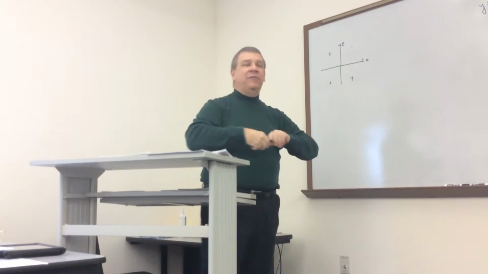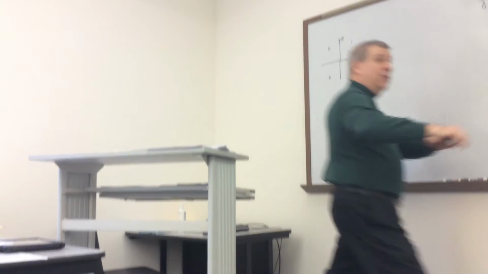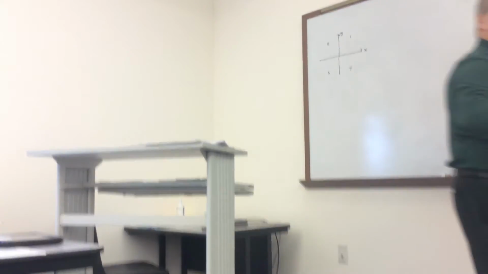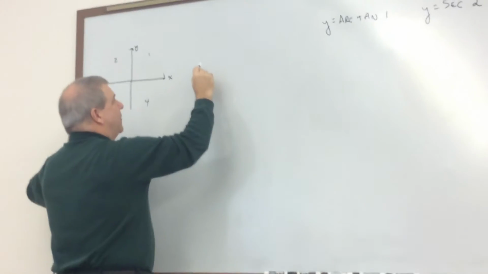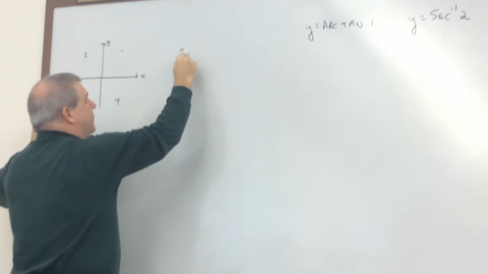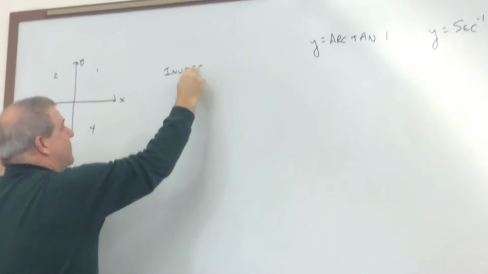Now, you're going to want to mark this in your notebook. Here's the easiest way to remember all of this for inverses. I'm going to give you a little chart here. You're definitely going to want to write this down.